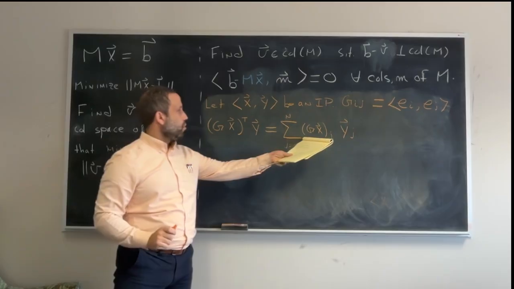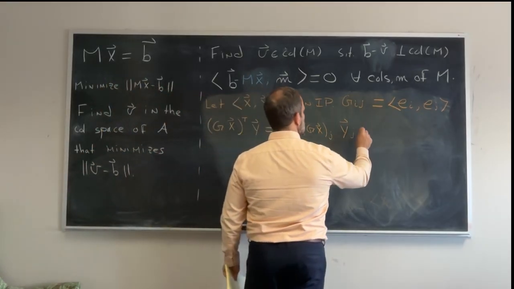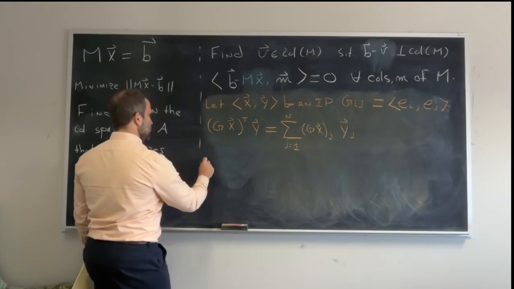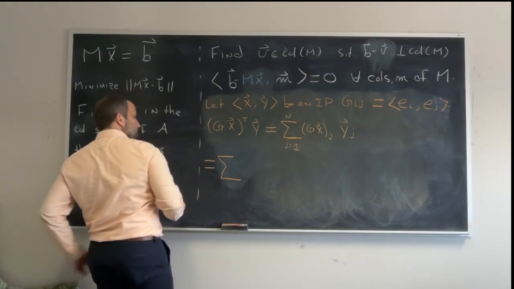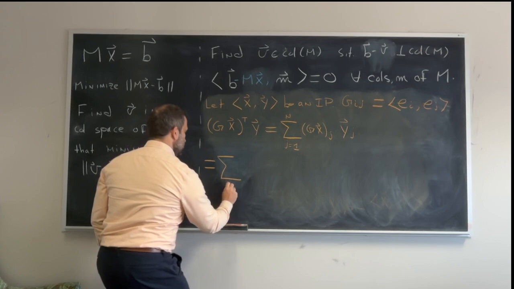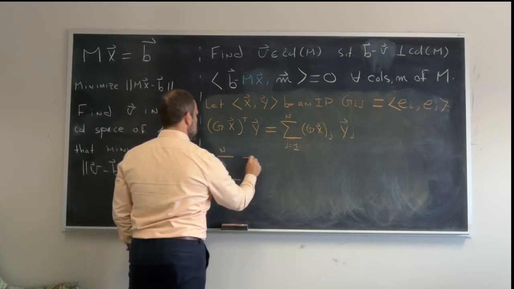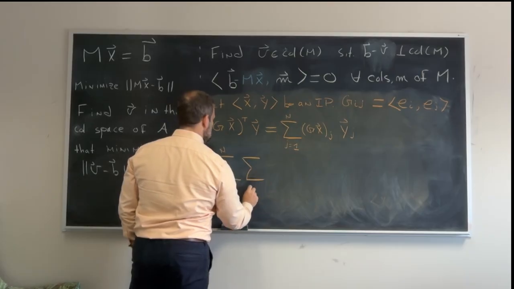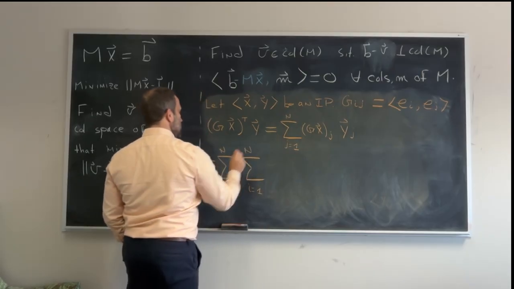So let's think about what is going to happen over here. What is G times x? I'm going to have this outer sum, j equals 1 to n, and then the inner sum, i equals 1 to n.